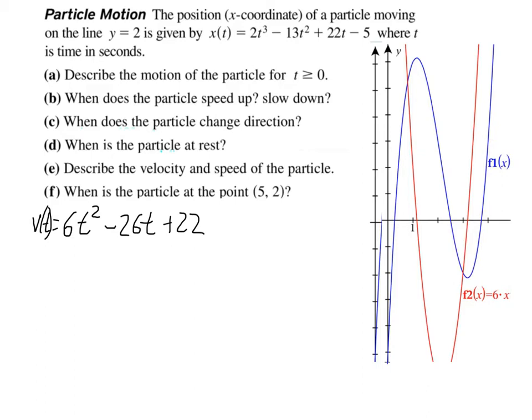So the particle is slowing down all the way from, if you're looking at this, a steep slope up until this point where it finally hits 0. So that whole time the particle is slowing down. Then it's going to speed up until it hits about halfway between these two again, and that would be right where this value here is.